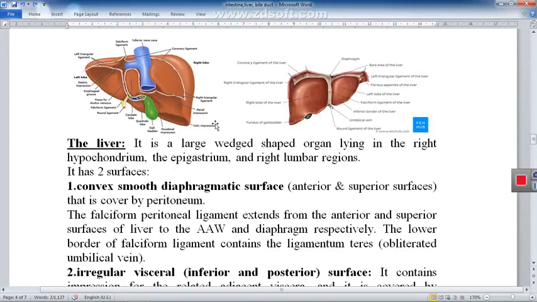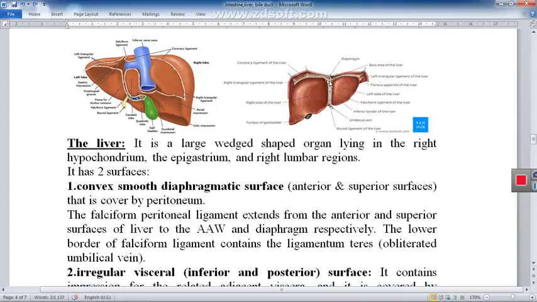Surface anatomy of the liver: it lies in the 9 regions, in the right hypochondrium, epigastrium, and the right lumbar region, and it has 2 surfaces, as you can see. The anterior and superior surface is related to the diaphragm and is convex, and therefore it is a smooth surface, the antero-superior surface, which is called the diaphragmatic surface.